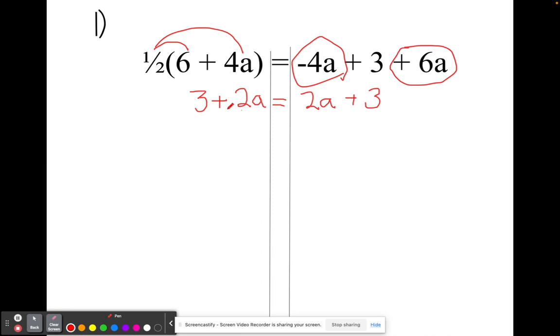They are exactly the same. It's an identity. I could go one step further and subtract 2a from both sides. And I will end up with 3 equals 3, which is a true statement. I have no more variables left, and I have a true statement. Therefore, I have infinite solutions.